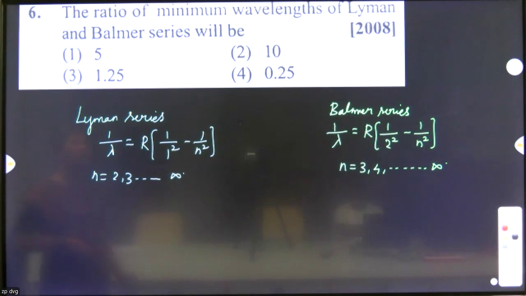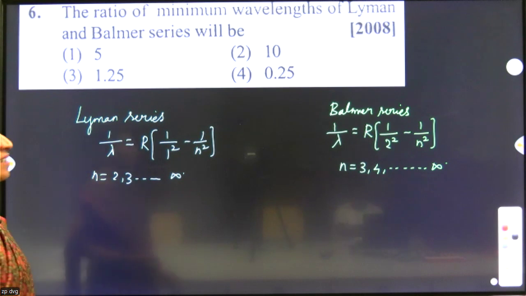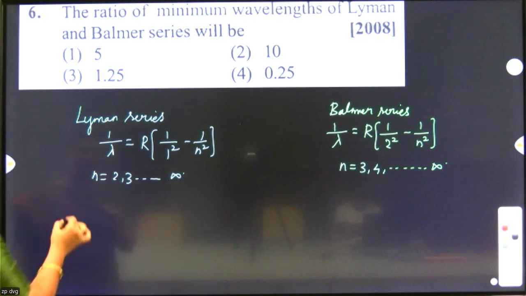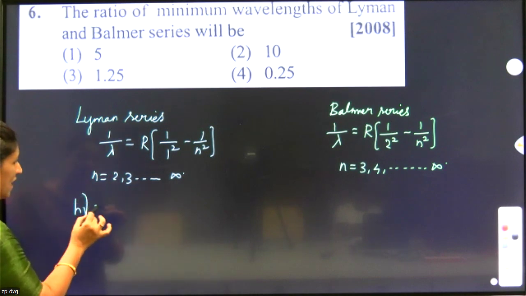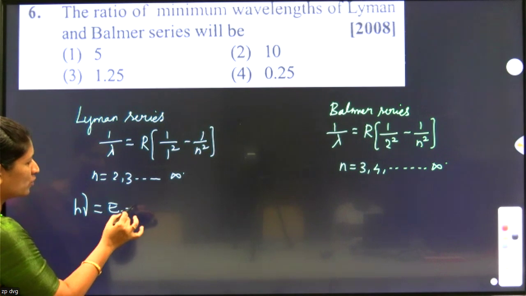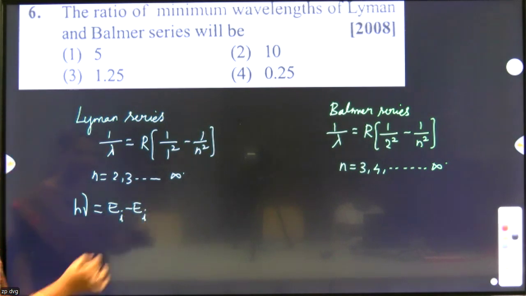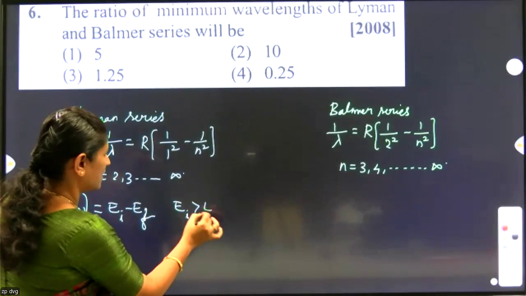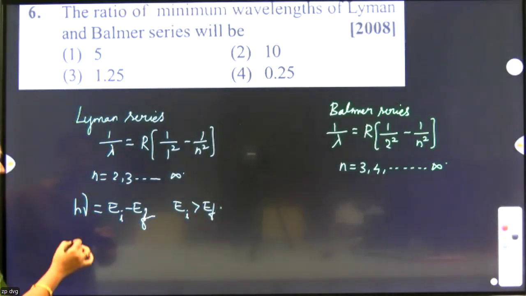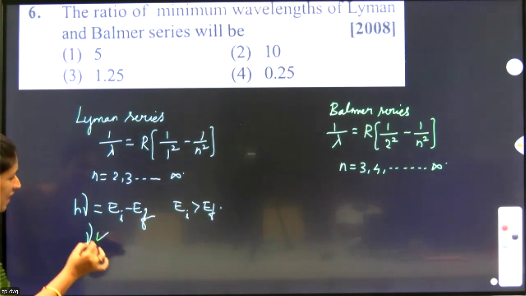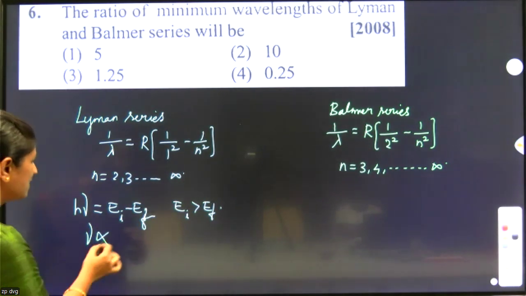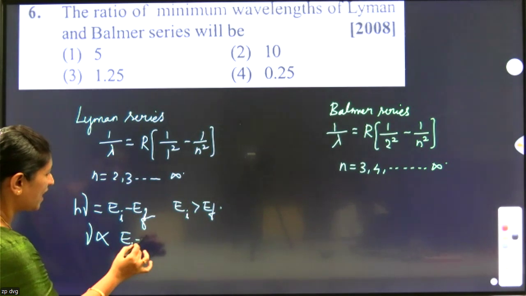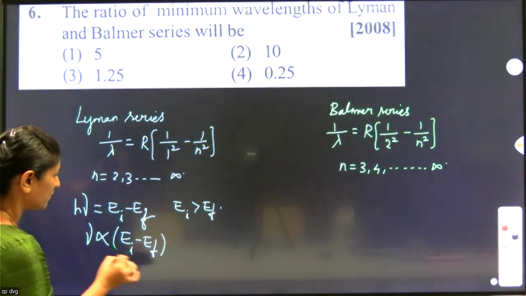Again, we know that when an electron makes a transition from one energy level to another, it emits a photon whose energy is equal to the energy difference between the two states, Ei − Ef. Here Ei is greater than Ef. This shows that the frequency of the photon is directly proportional to Ei − Ef.